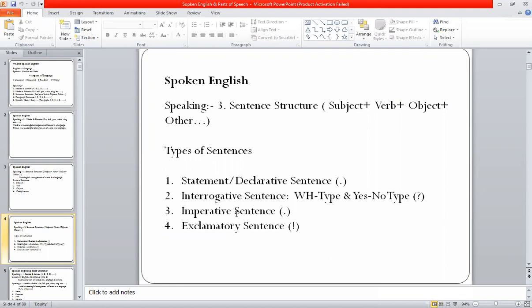And the fourth type of sentence is the exclamatory sentence. Exclamatory sentence means these are the sentences we use when we are at excitement, when we got excited, or we are surprised by someone. If someone is giving any type of surprise to us, then we use an exclamatory sentence.